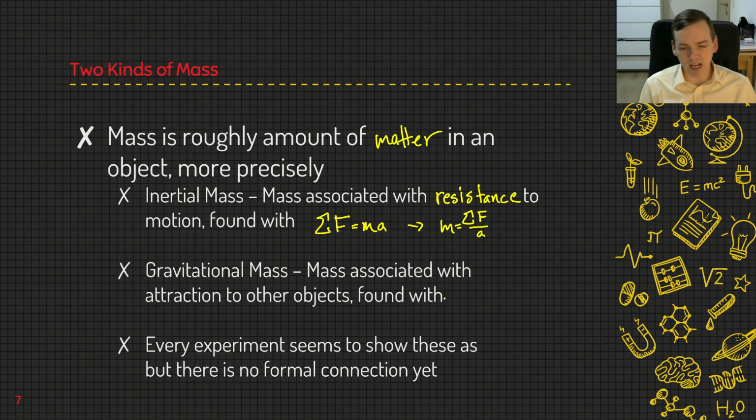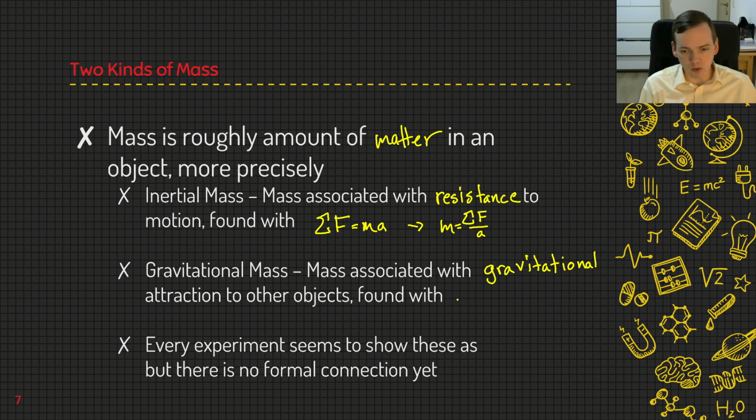We can also define mass by gravitational mass, and this is the mass associated with gravitational attraction. As we've said before, the gravitational force attracts any two objects with mass.